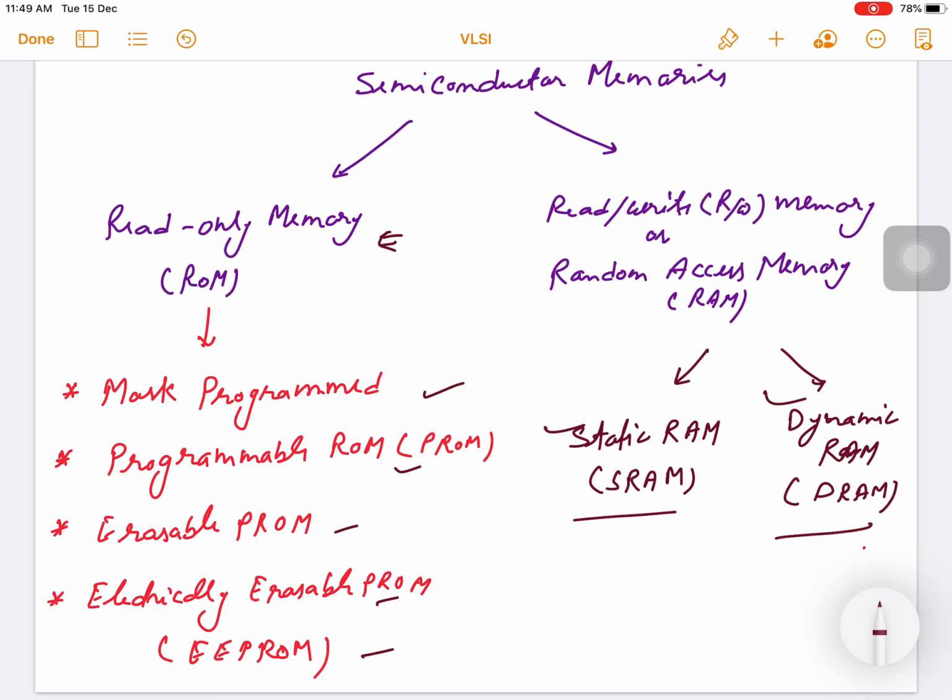Basically our focus is on SRAM and DRAM, or the generalized structure of ROM that we have seen in previous slides. We will discuss SRAM and DRAM in detail at the transistor level. Thank you, students.